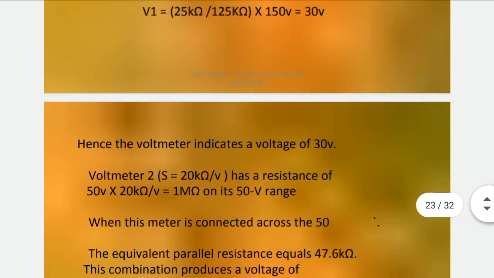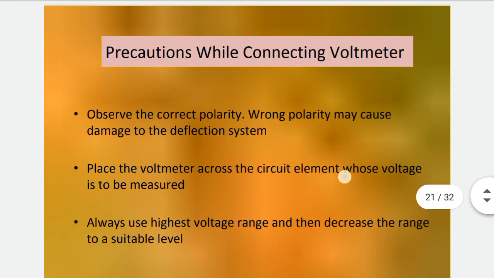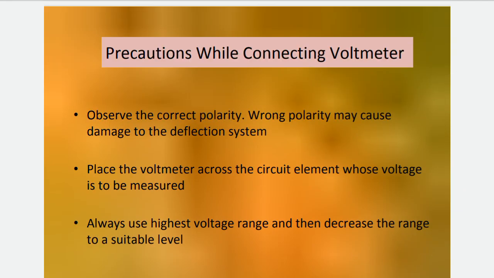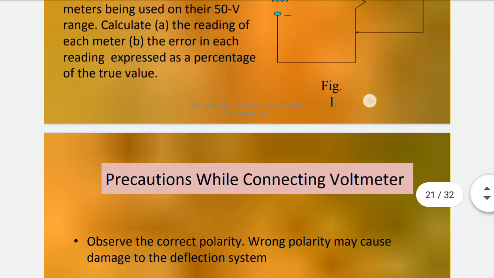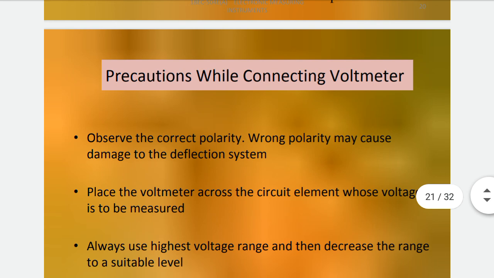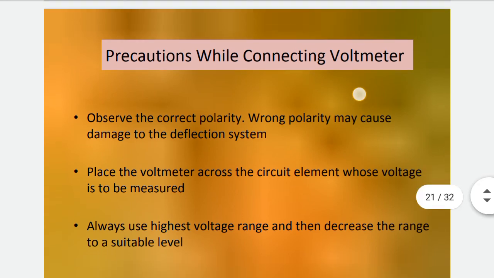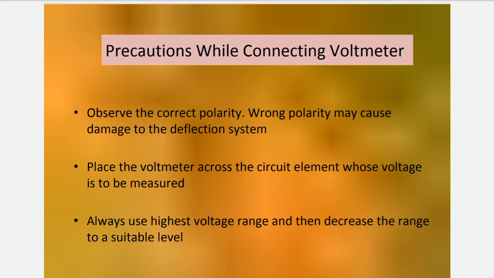So what are the precautions we have to take while connecting the voltmeter? Observe the correct polarity. Wrong polarity may cause damage to the deflection system. Second, place the voltmeter across the circuit element whose voltage is to be measured. Always use the highest voltage range and then decrease the range to a suitable level.